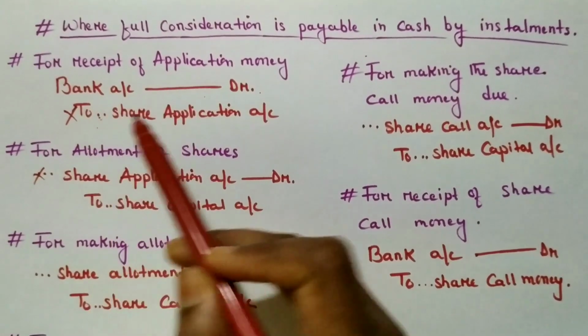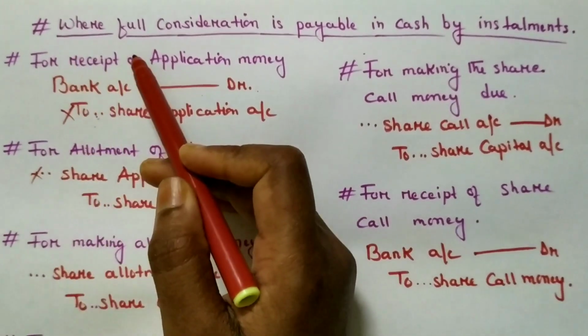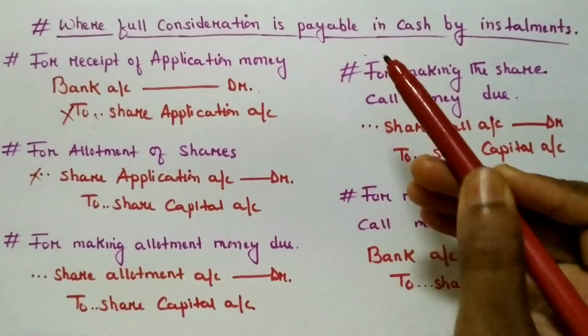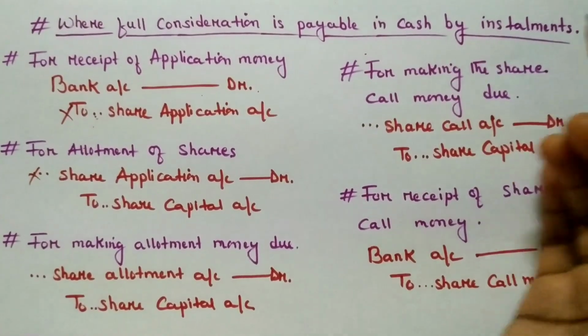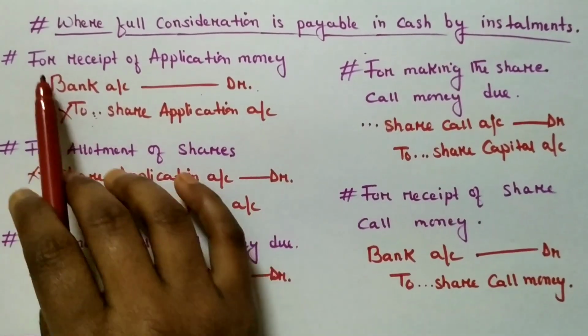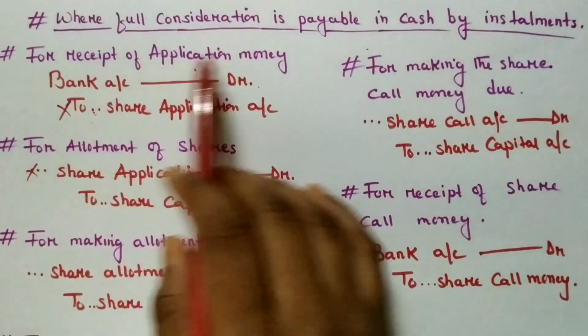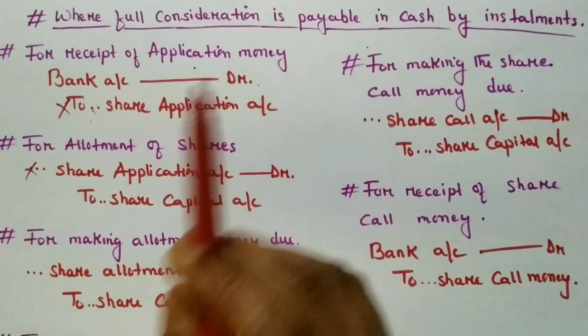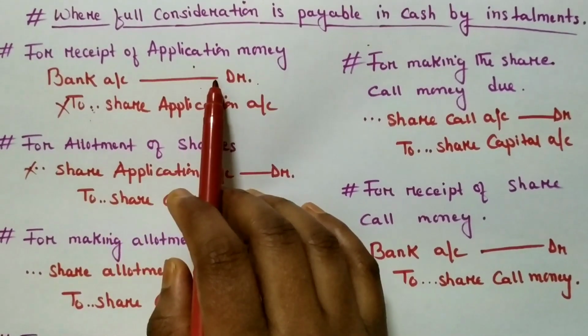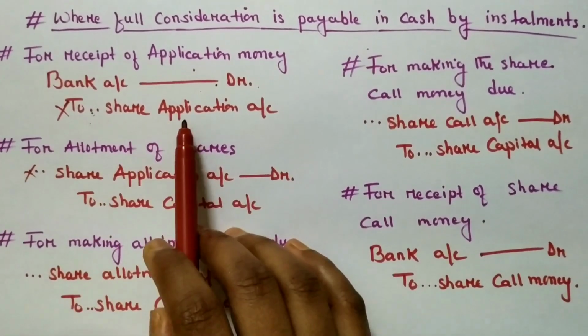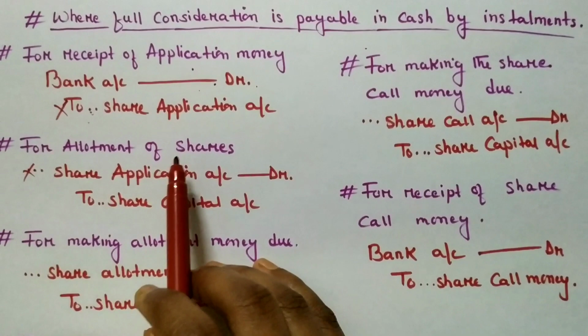We will see the journal entries where full consideration is payable in cash by installments. So, first of all, for receipt of application money. When application money is received, bank account is debited and share application account is credited.